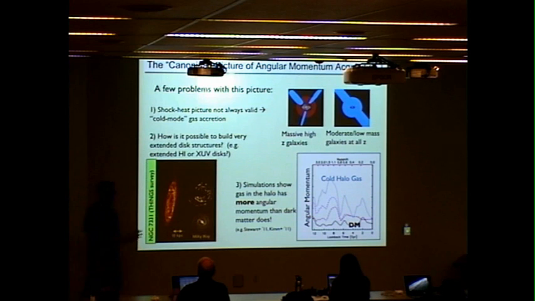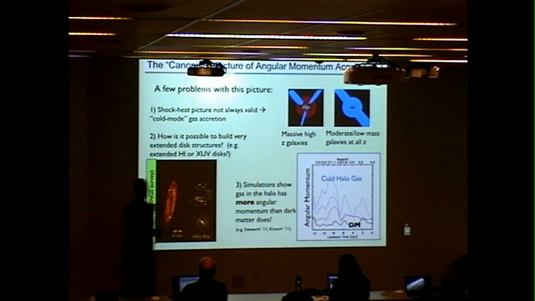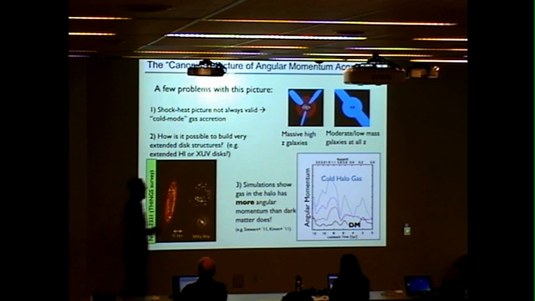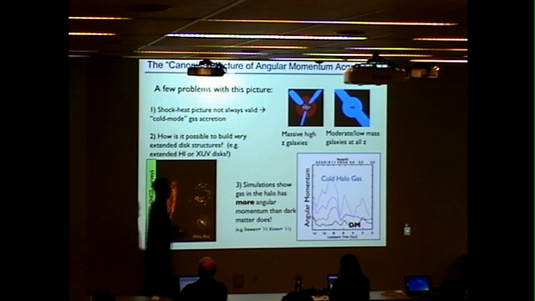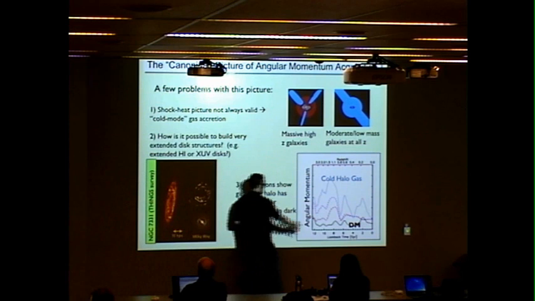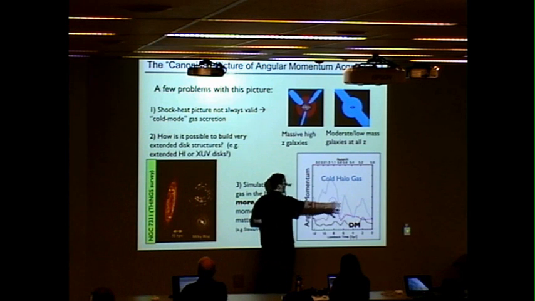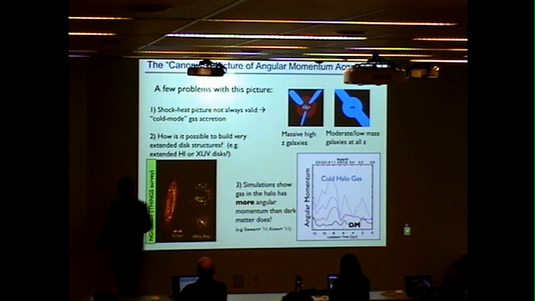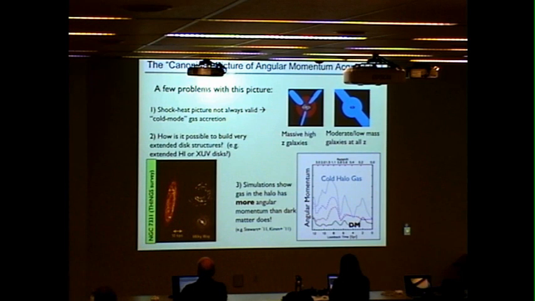But if you looked at the gas in the halo, so not including the galaxy and just looking out to the virial radius, the gas had much more angular momentum than the dark matter does. You have all the hot gas, the global average of all the gas, and just the cold mode gas, and you have much more angular momentum in the gas. So clearly this should help in building these extended disks, but what's going on here?